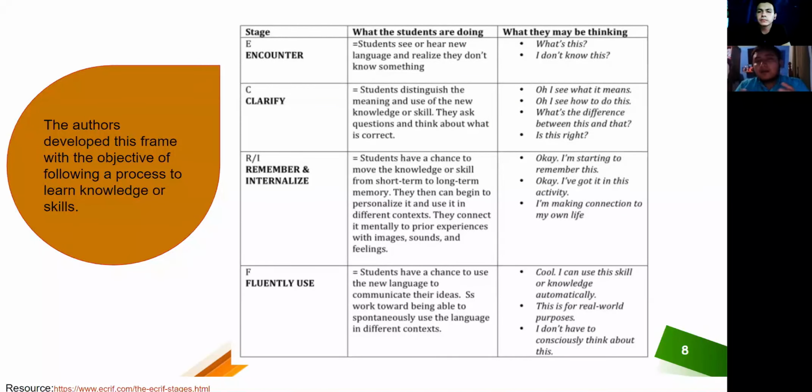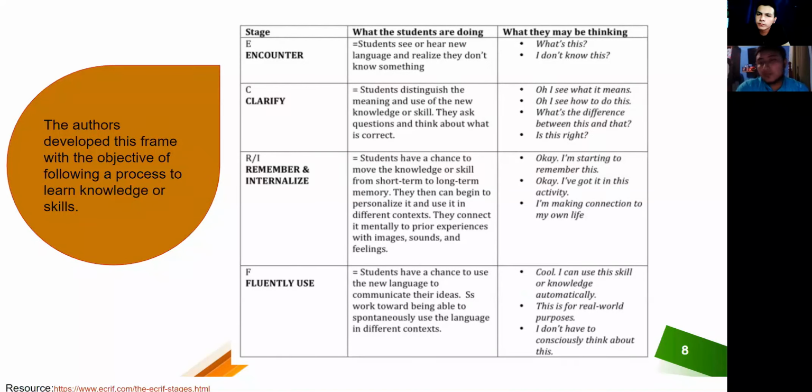Now, this stage is the most relevant for them in order to get engaged with the topic. Why? Because in this stage, they need to start having questions about the topic. And as it says there, what they may be thinking is, what is this? I don't know this. These questions help the teacher to engage the students on how they can get this new knowledge in order for them to practice it.